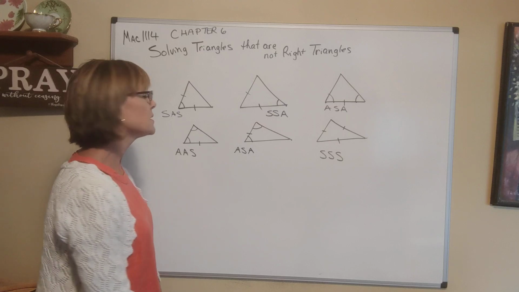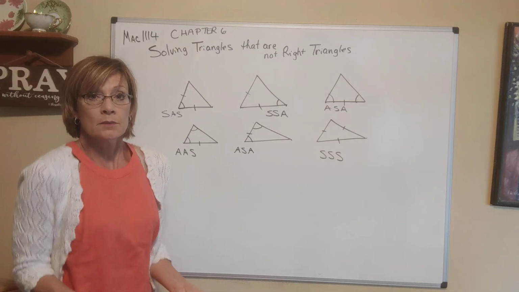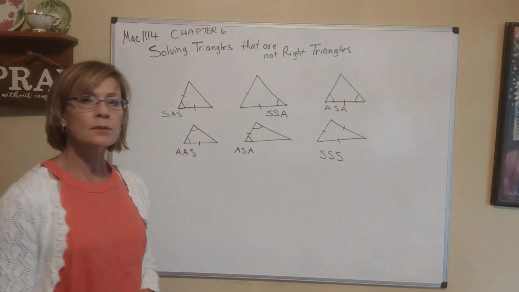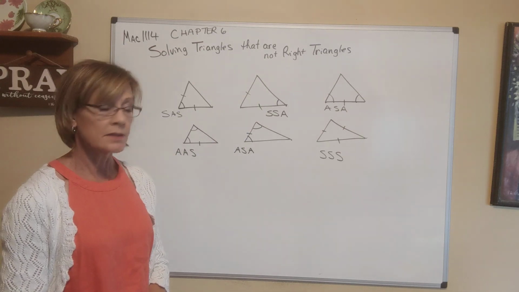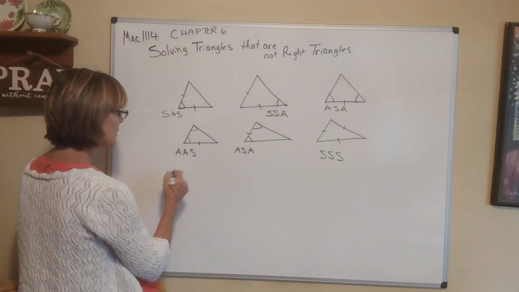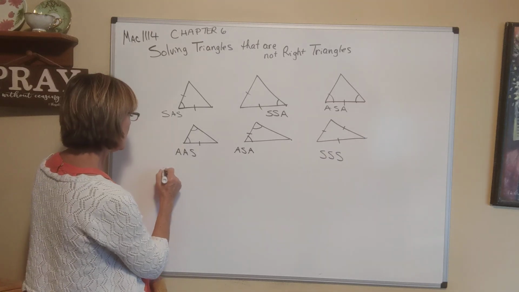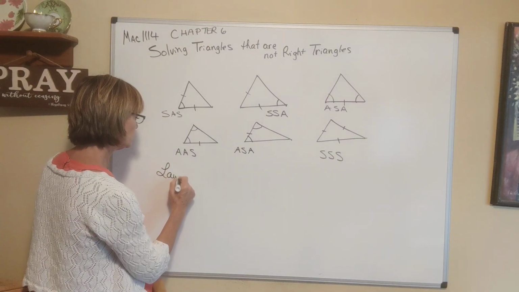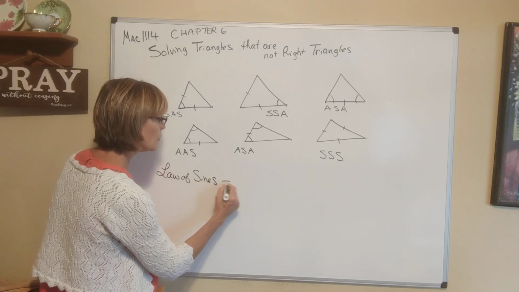Why this makes a difference is that what they give you determines which route we're going to take to be able to solve it. There are 2 laws we're going to learn. One is called law of sines, and one is called law of cosines. So law of sines, which I haven't even told you what it is. Right now we're just deciding when we can use it. Law of sines, this is when you can use it.